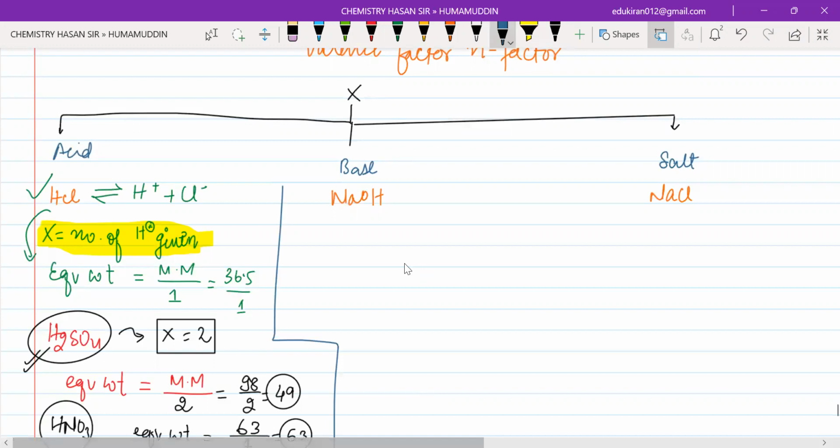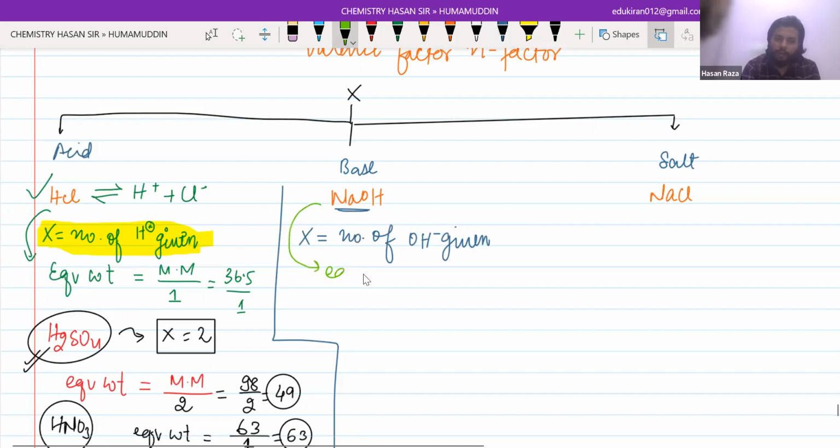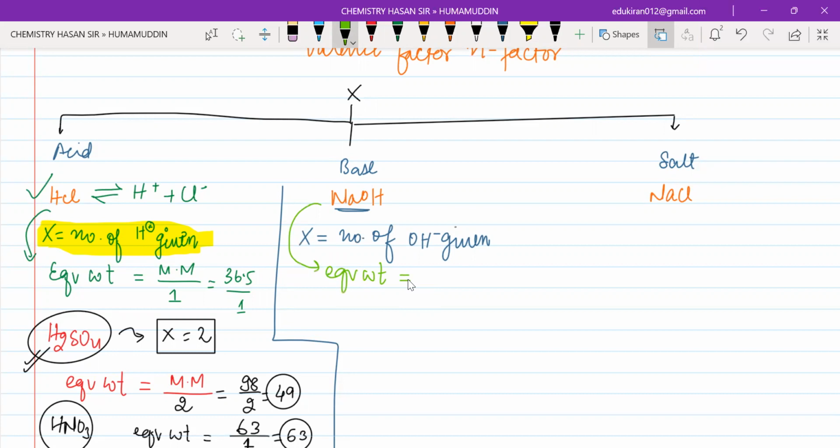In the same way, if it is a base, then X, that means valence factor or N factor, will be equal to the number of OH minus given. Now, can you tell me the equivalent weight of NaOH? 40.